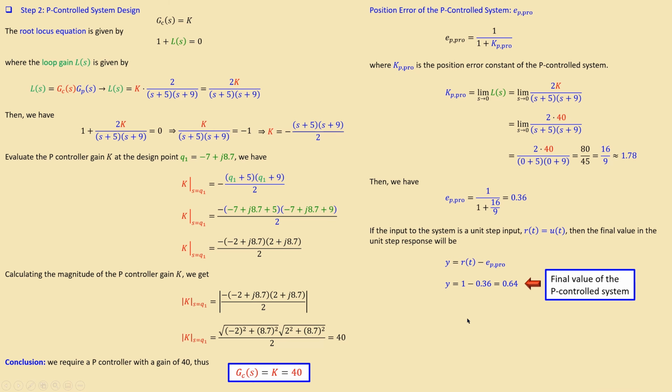So let's look at our next step, which is step 3, the design of our lag controller. The position error for the lag controller design is given by this expression, which is very similar for the lag controller and the proportional controller, because this is just a generic formula and it holds also for the lag controller, if you have a unity gain feedback configuration and consider the position error, or the step input error.